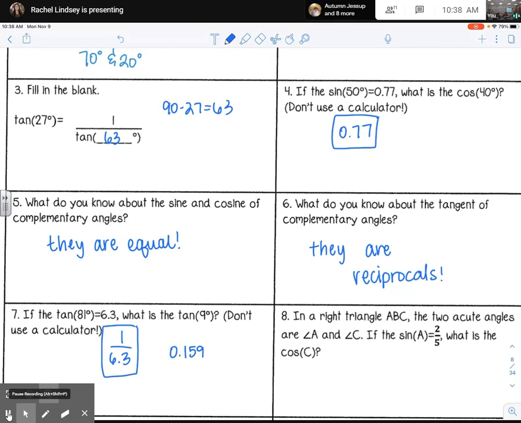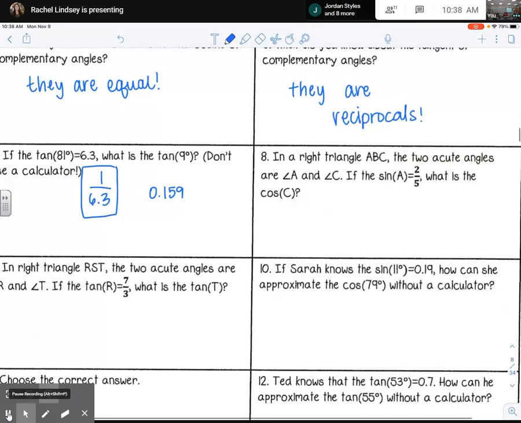Okay, in a right triangle ABC, the two acute angles are A and C. If sine of A is 2 over 5, what's cosine of C? A and C are complementary, so sine of A always equals the cosine of C. So it would just be 2 over 5.